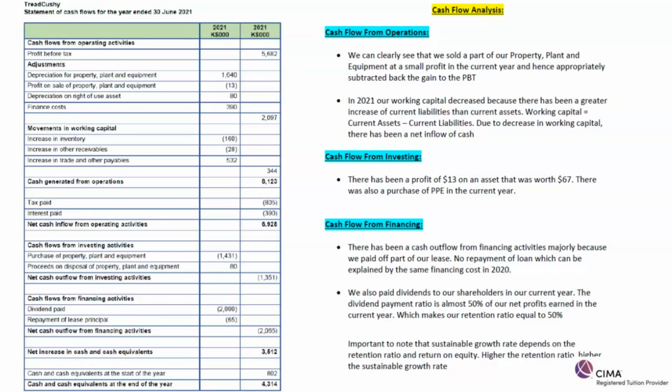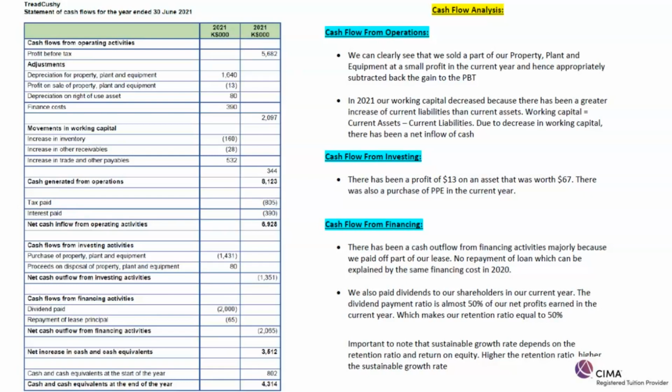Yeah, there can be a repayment of lease principal, which is showcased over here, 65,000 clearly on your screen. That gave you your net cash outflow from your financing activities.